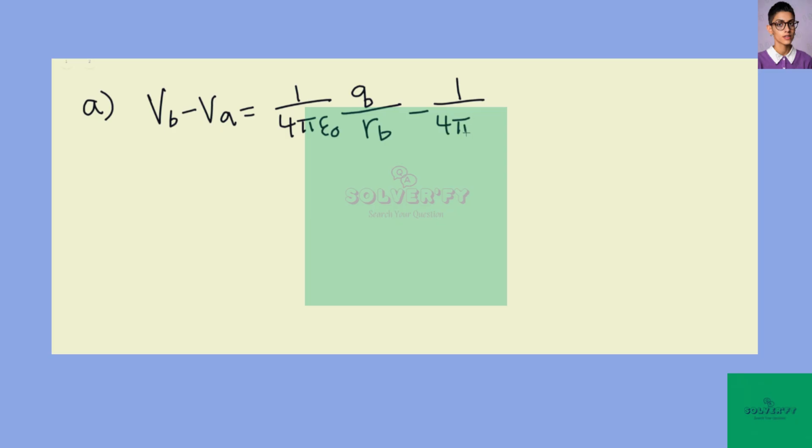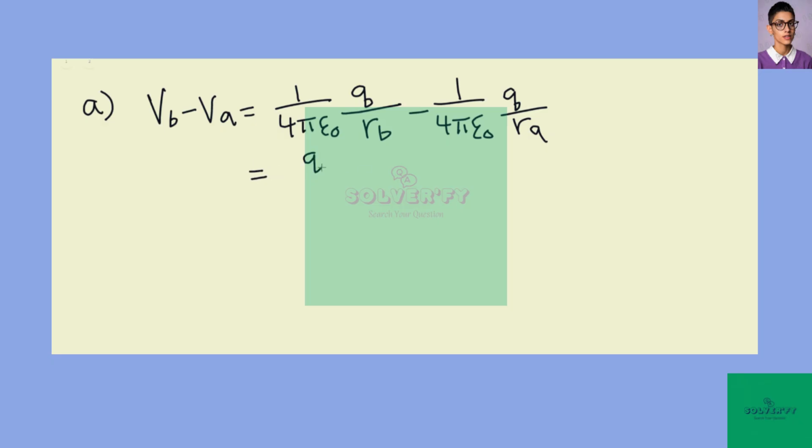So to jump into it, for part A, VB minus VA is really just the potential at point B, which is this, minus the same expression for RA. We can combine some things to make the algebra easier.